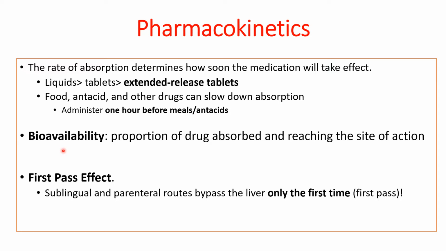So the first pass that occurs in the oral enteral route is avoided when it is administered parenterally or sublingually. For that reason, the medication reaches the site of action sooner, stronger, in higher concentration, and is more potent in this route.